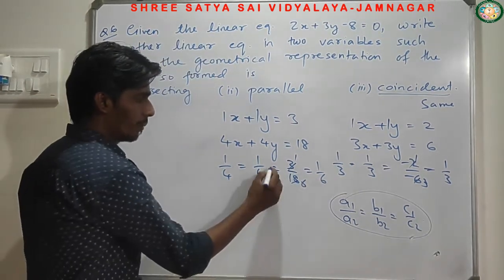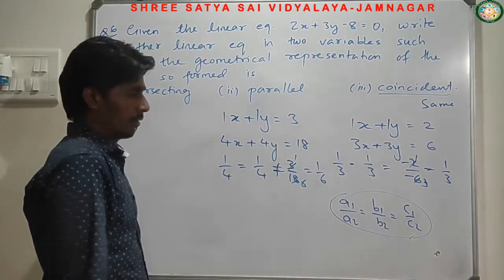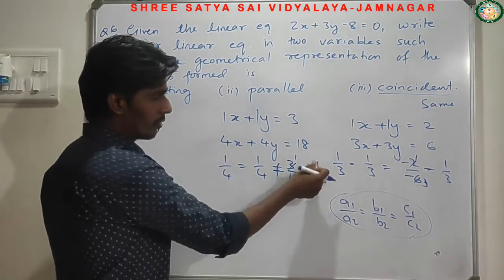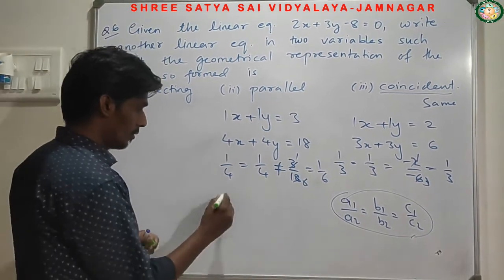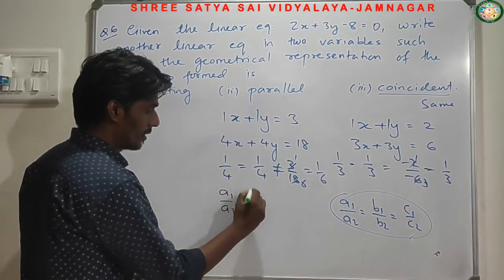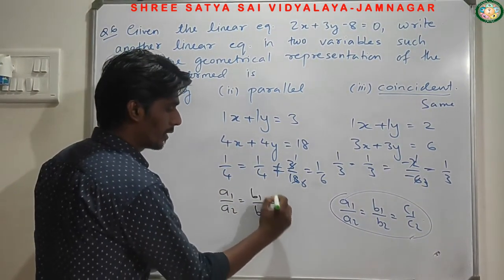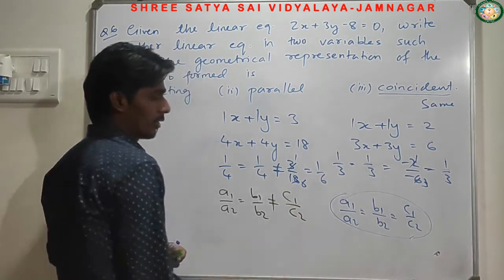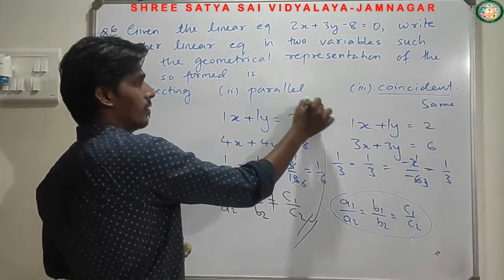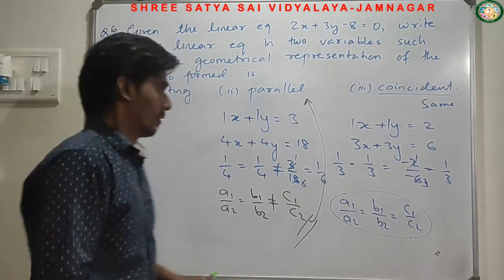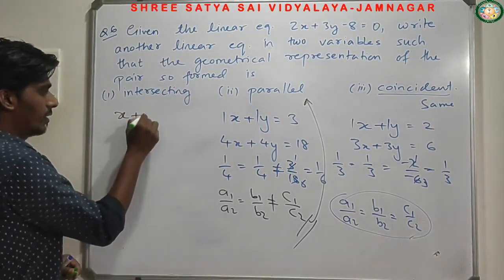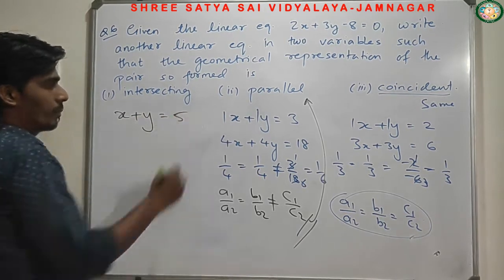So these two are equal, but this is not equal to the third ratio, c1 upon c2. So this condition is for a1 upon a2 equals b1 upon b2, but not equal to c1 upon c2. This is always for parallel lines. Is it clear? Good.